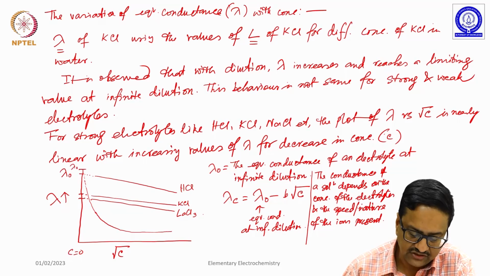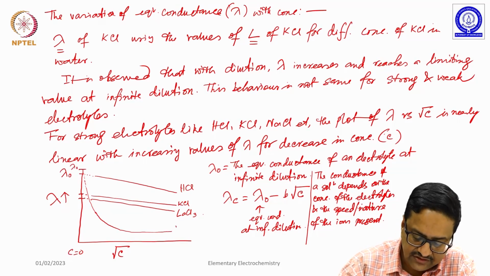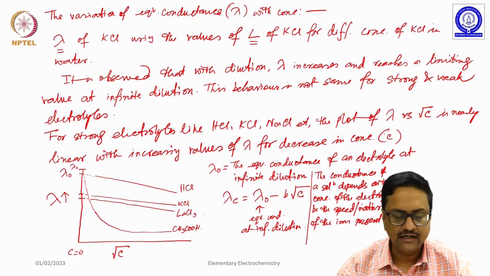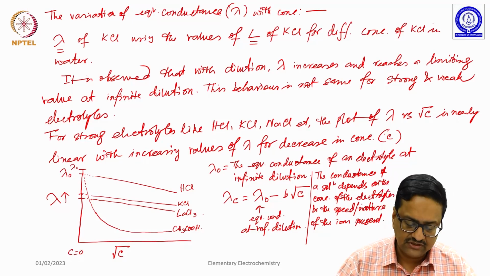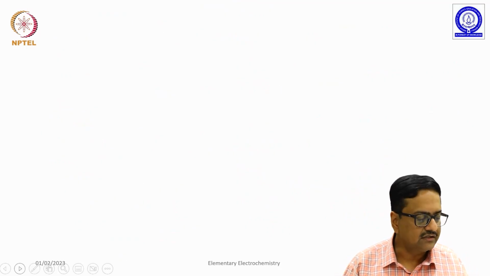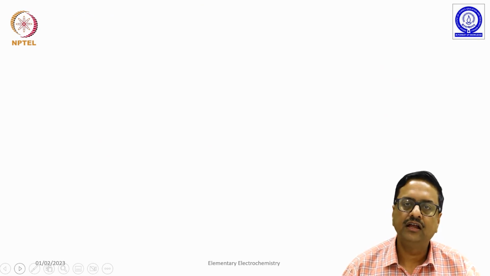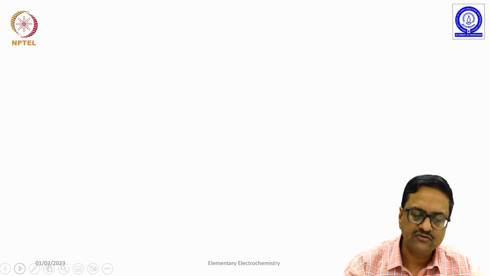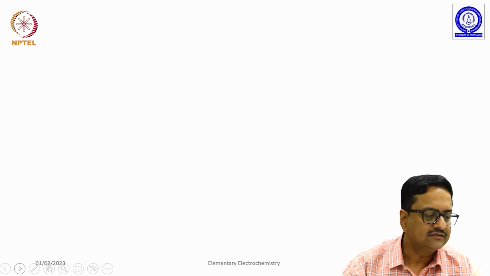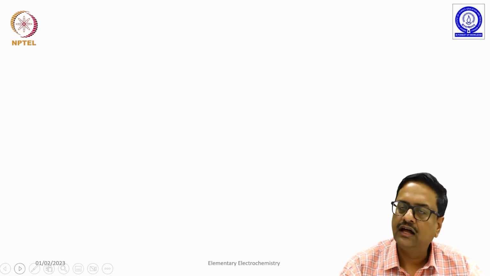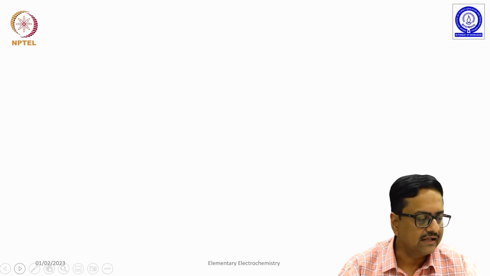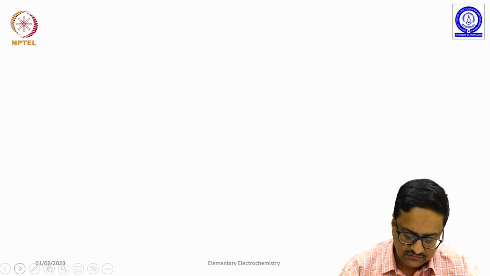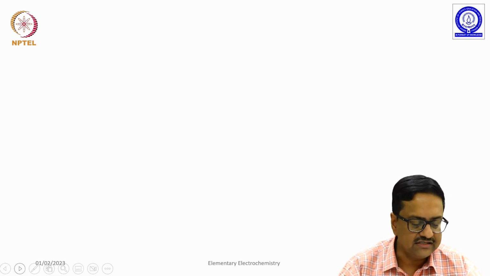So that is the lambda 0 of, say, acetic acid. It is very clear that when we have a strong electrolyte, the behavior of equivalent conductance is nearly a straight line with respect to change in concentration, whereas when you have a weak electrolyte like acetic acid, the nature of the plot changes.